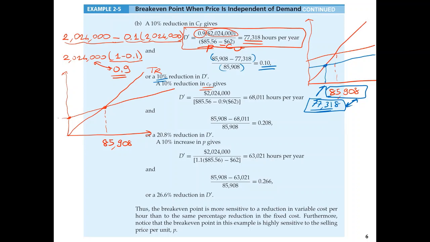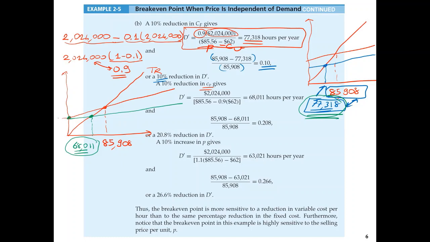So we are starting from the same CF, but with a different slope. Okay, so this is the modified one, and the new break-even point appears here, and its value is 68,011. And as you can see, in the previous version, a 10% reduction in CF resulted in this break-even point, but a 10% reduction in the variable cost resulted in this one.